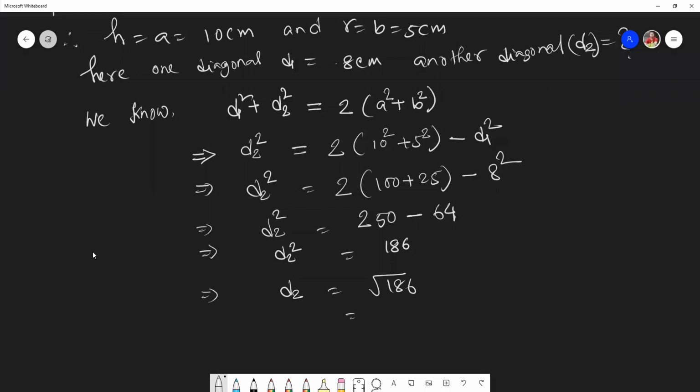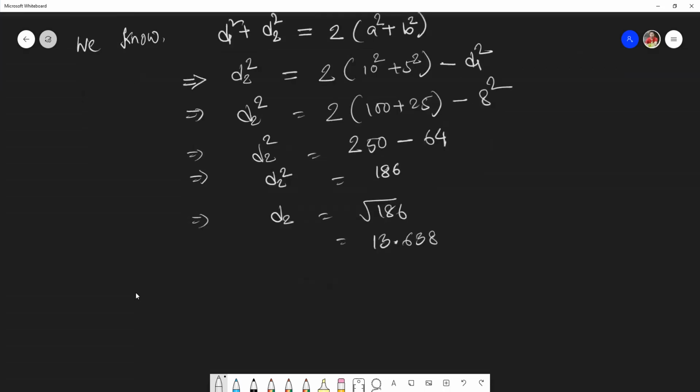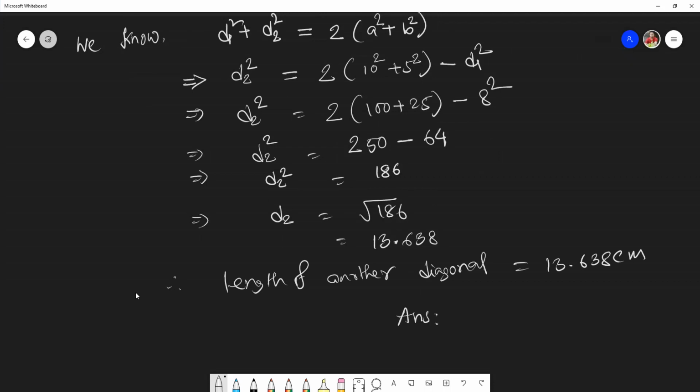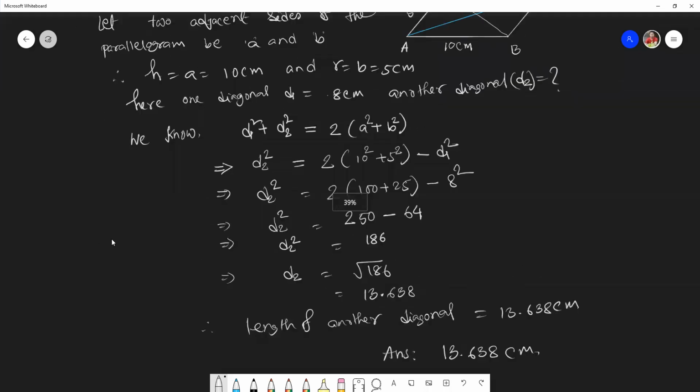After taking the root, that is 13.638. So the length of the other diagonal is 13.638 centimeter. So this is now the full answer of number C.